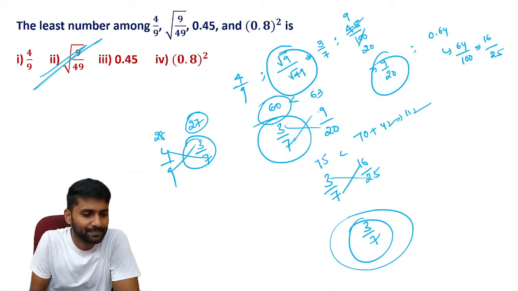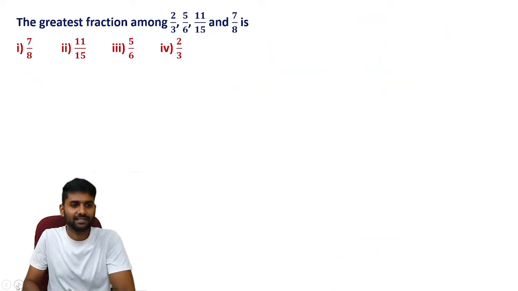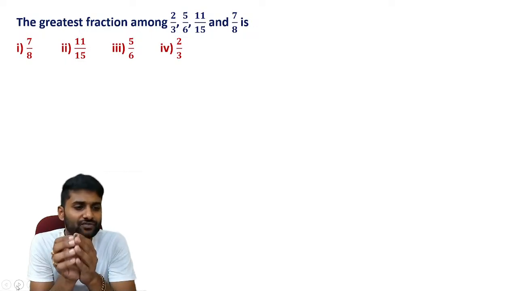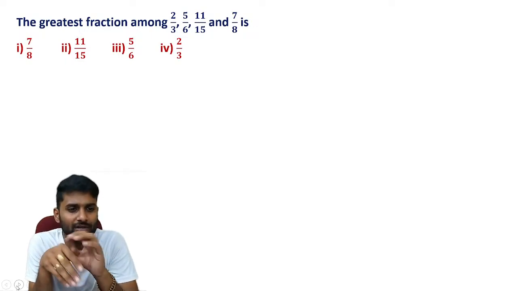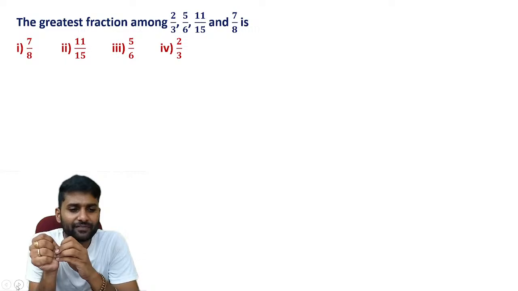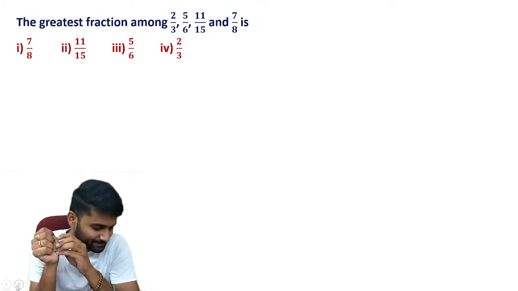If it's clear, guys, try this question. Out of all, which one is the greatest fraction among 2 by 3, 5 by 6, 11 by 15 and 7 by 8?